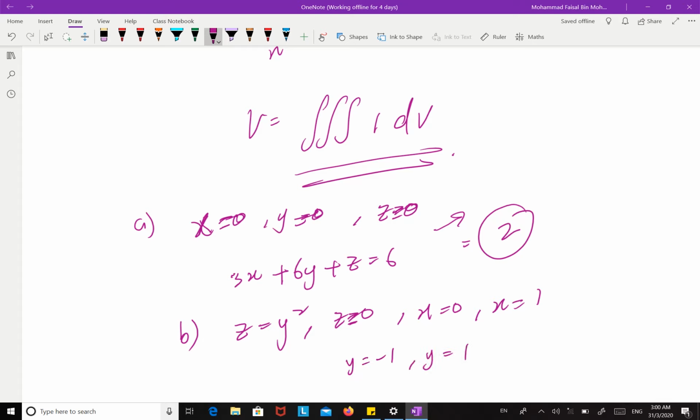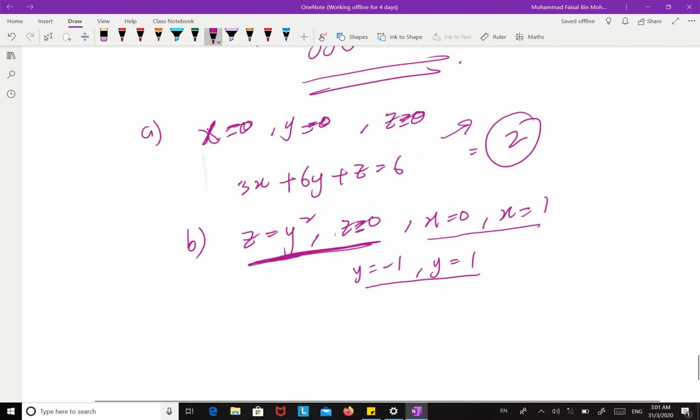From here you can see this is parabola. So this is only the curve and start from 0. This is a plane, this also is a plane. Okay, a plane with parabola.